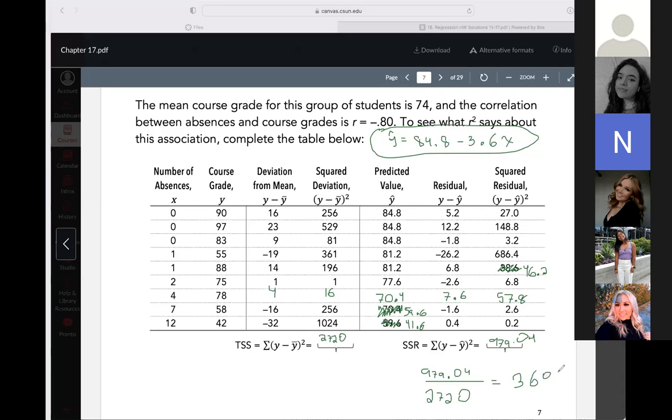In other words, the sum of the squared residuals, SSR, divided by the total sum of squares, TSS, gives you not R squared, but rather what? SSR over TSS gives you what? We know R squared is 64%. This is not 64%. It's 1 minus 64%.